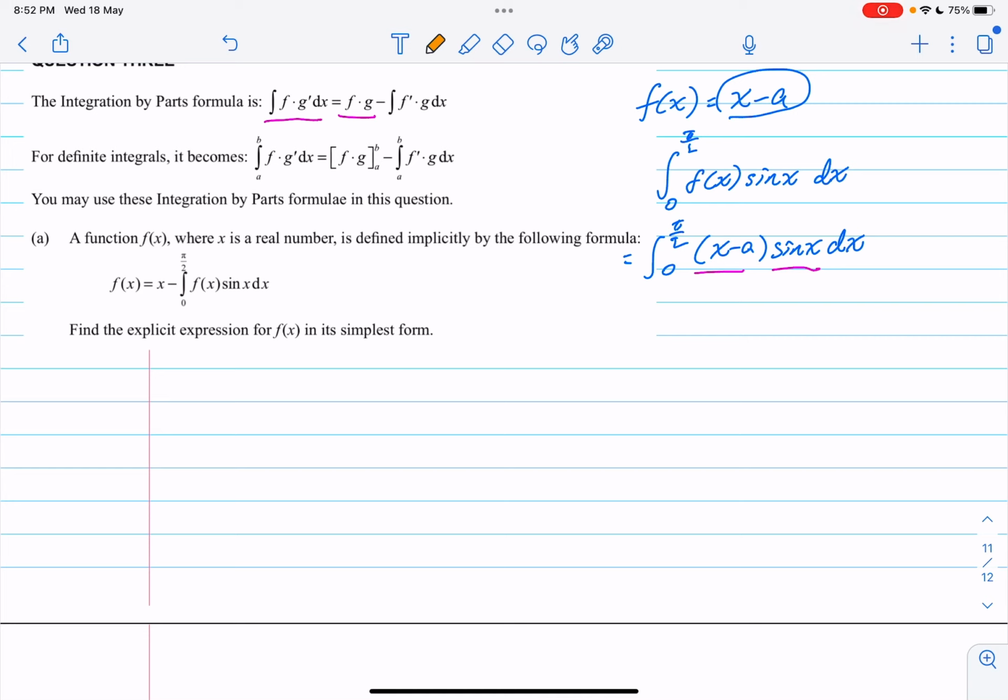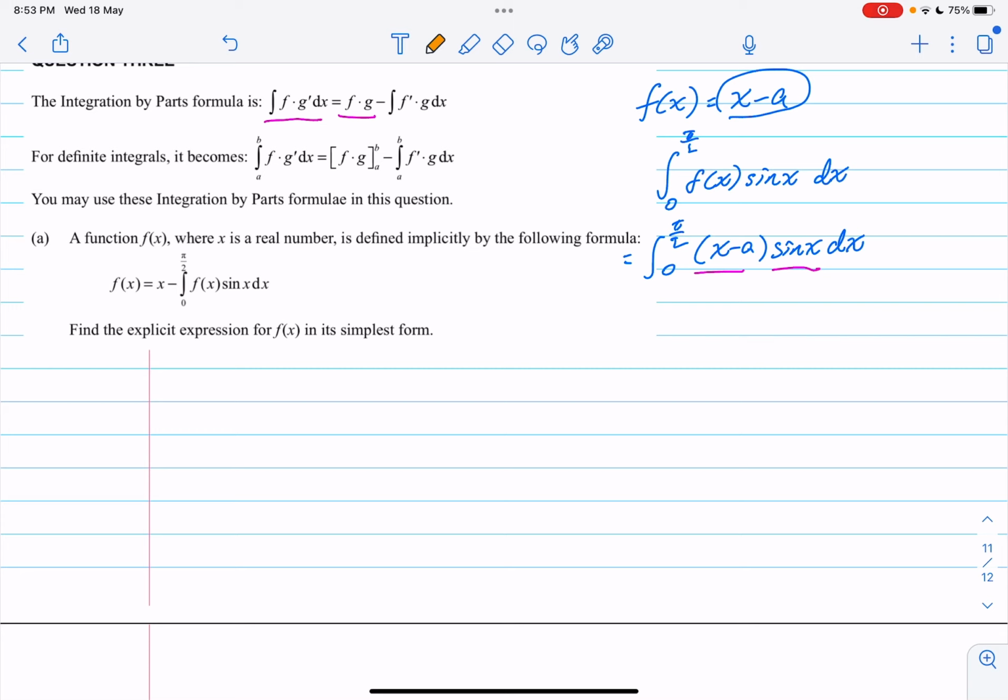I would put the easier one as the g and the more difficult one as the f.